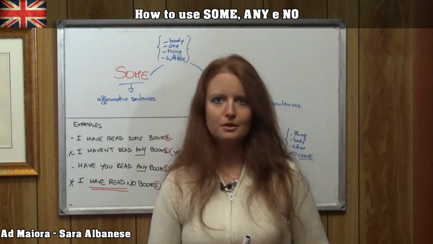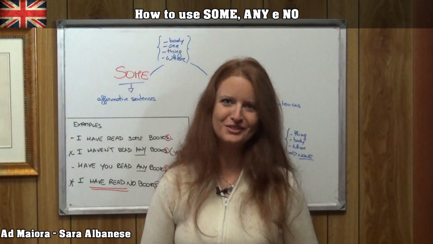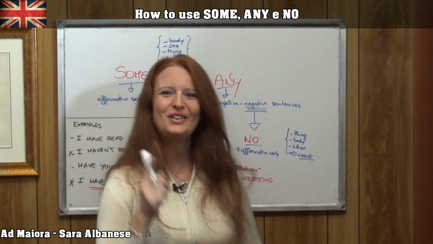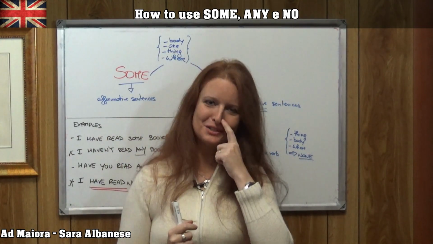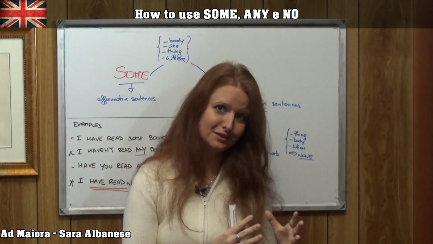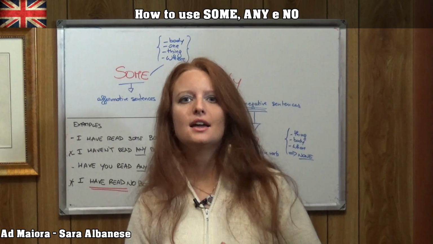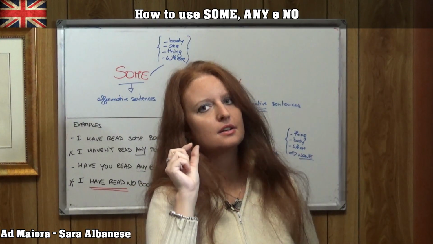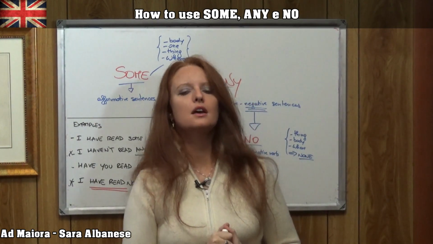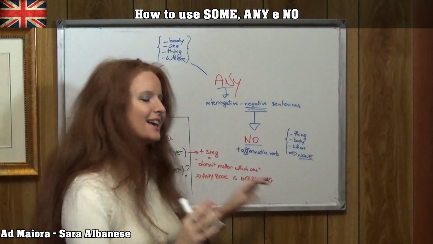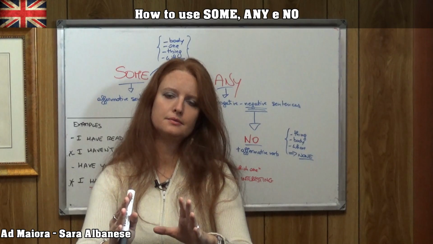Well, always, not really always. There is also one circumstance, one situation in which I use the singular. It is only with "any," and it changes the meaning of the sentence. When I use the singular, it means basically it doesn't matter which one.